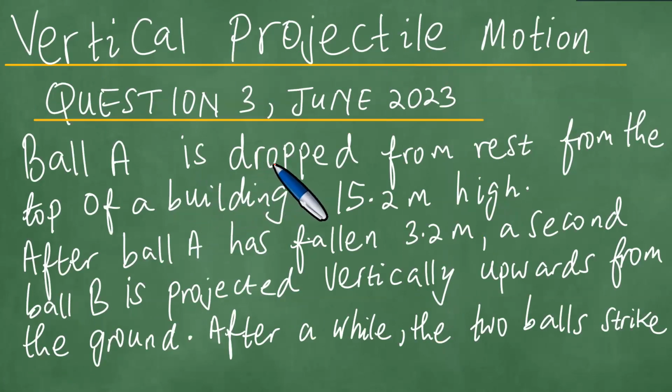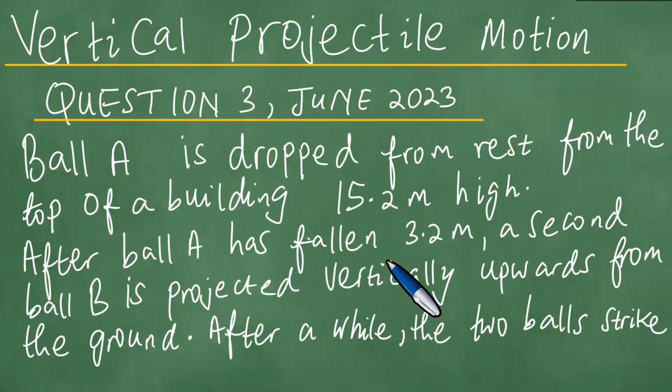It is dropped and not thrown, because if it is dropped, then it's not given an initial velocity. It's just let go, from rest, so it was not moving. The choice of words of the examiner is very cautious here.